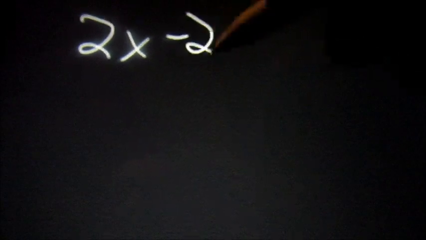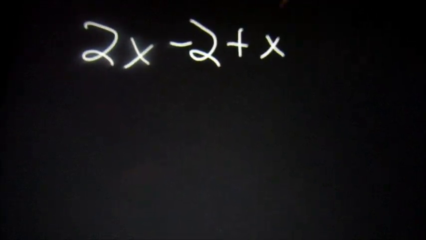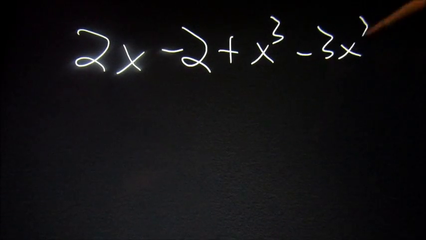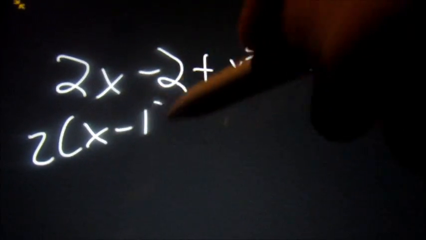Okay, so let's look at this. 2x minus 2 plus x to the 3 minus 3x squared. Okay, so on the first two, I can factor out a 2, and I'm left with x minus 1.